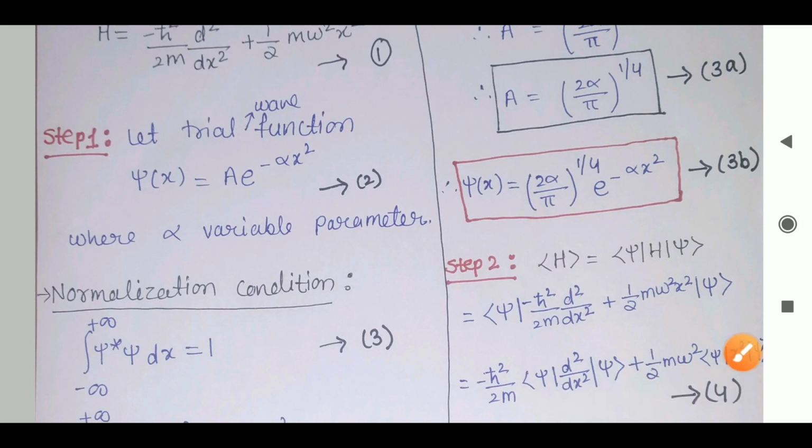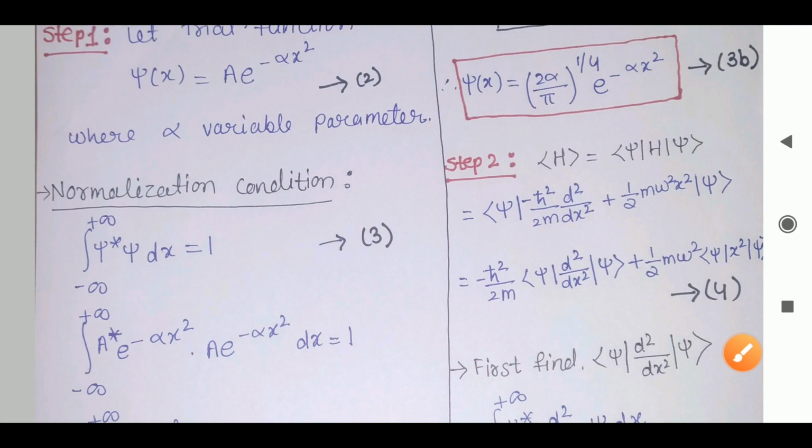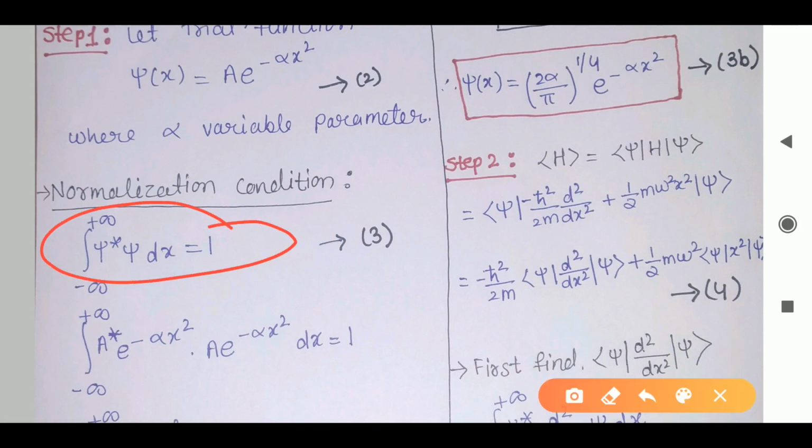So simply, using this equation, we have to put this psi into this. Here, as you can see, we don't have any complex variable, so we will take this as it is. Here I have written psi star, then instead of psi I have written this once again, then dx, which equals 1.